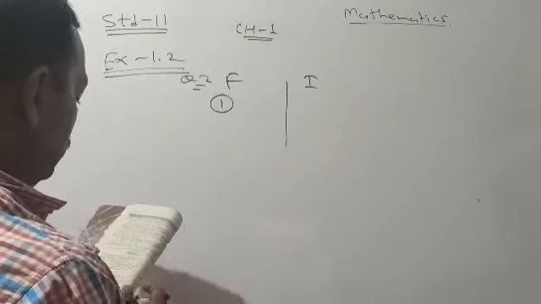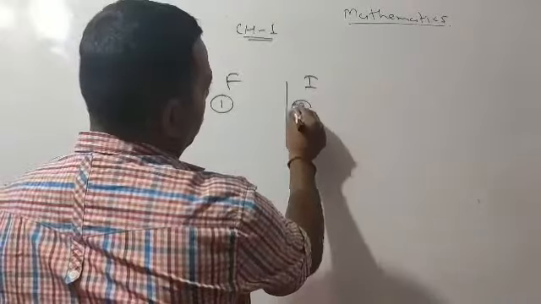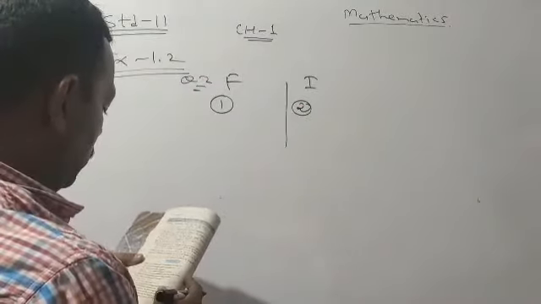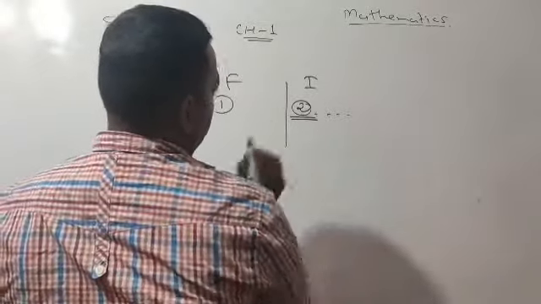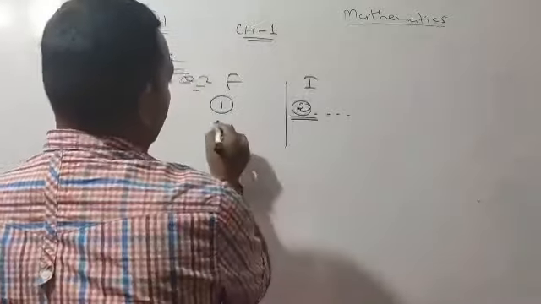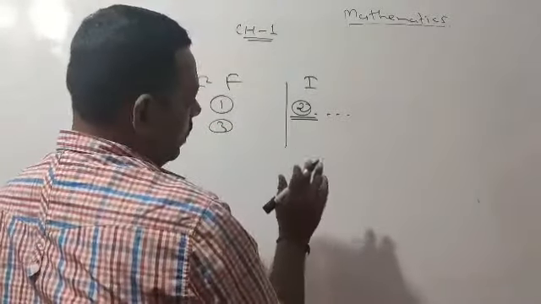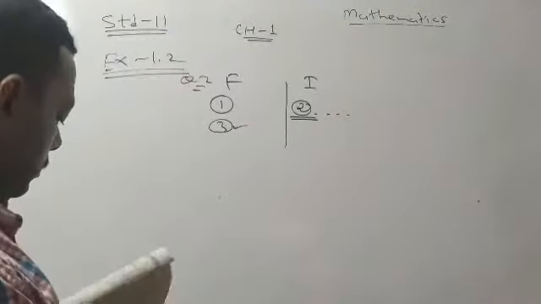But 1, 2, 3 and so on, hence that will be considered as an infinite set. Now, third question. See, second question is infinite. But the third question is having some limit, till 100 only. So, it is a finite set.